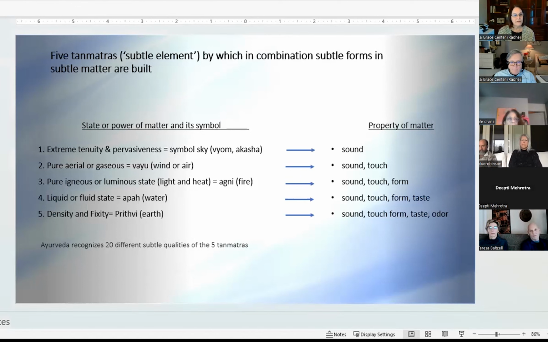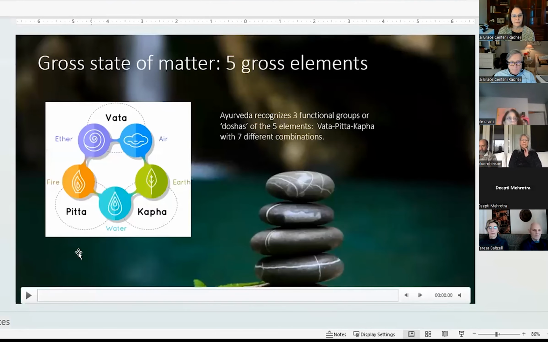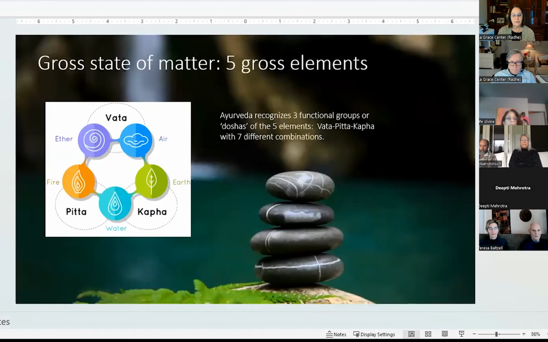And now we get to the last, which is the gross realm or gross condition of matter. Here, obviously, we're familiar with the 5 gross elements that the rishis just use as conventional symbols: the air, ether, fire, water, and earth.